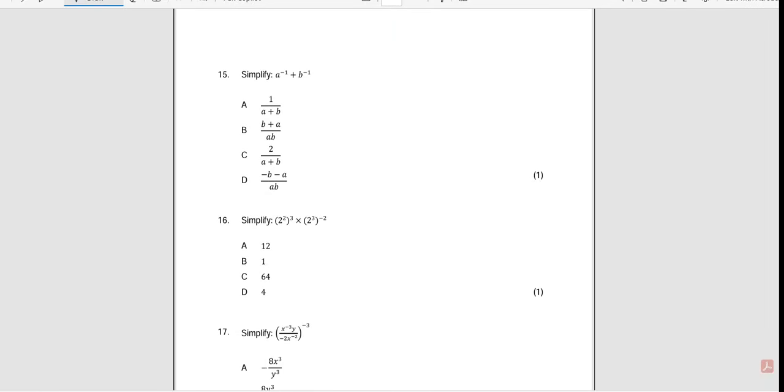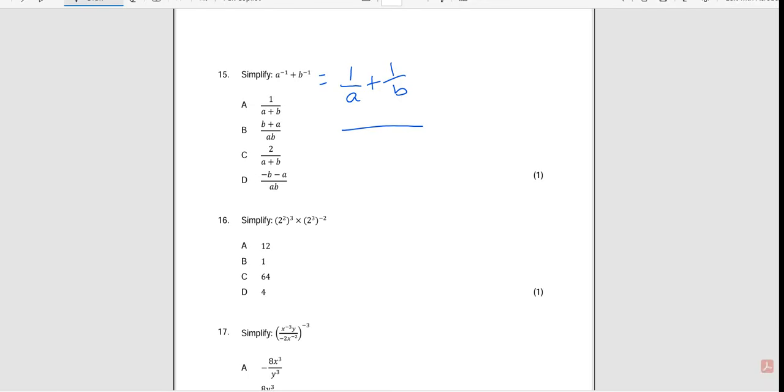Number 15, simplify. A to the exponent of -1 plus b to the exponent of -1. Guys, we know that any number to the exponent of -1 is 1 over that number, right? That's the first thing that I'm going to do. This is going to be 1 over A plus 1 over B. And then I will simplify. I'll look for the lowest common denominator.